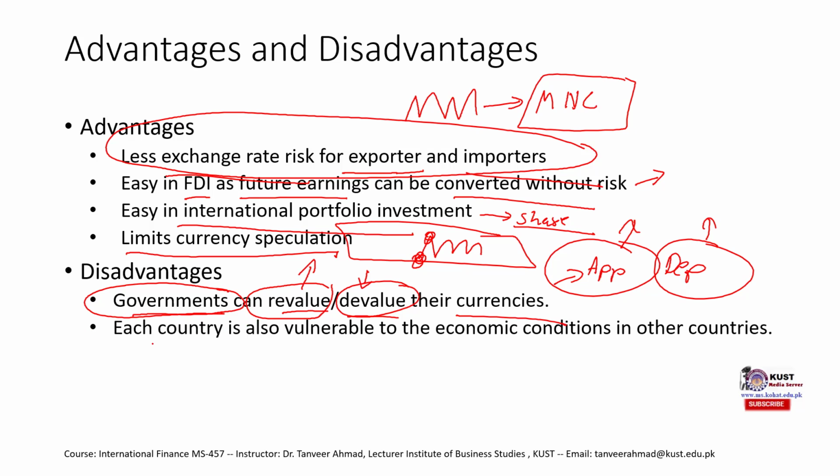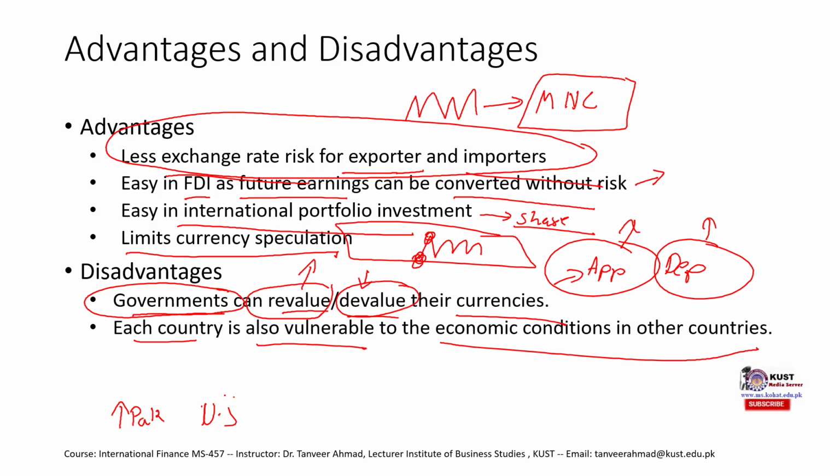Okay, this is more of a macroeconomic disadvantage: each country is also vulnerable to the economic conditions of another country, and to understand this we would have to consider an example. Say, for example, assume that there are just two countries in the world, Pakistan and the US.